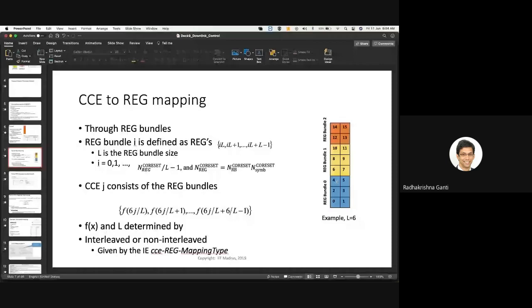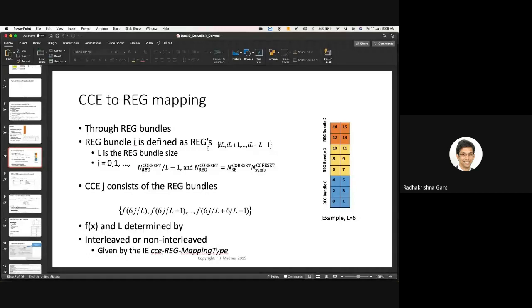An REG bundle need not have 6 REGs; it can have fewer also. The parameter L comes from the higher layer parameters.